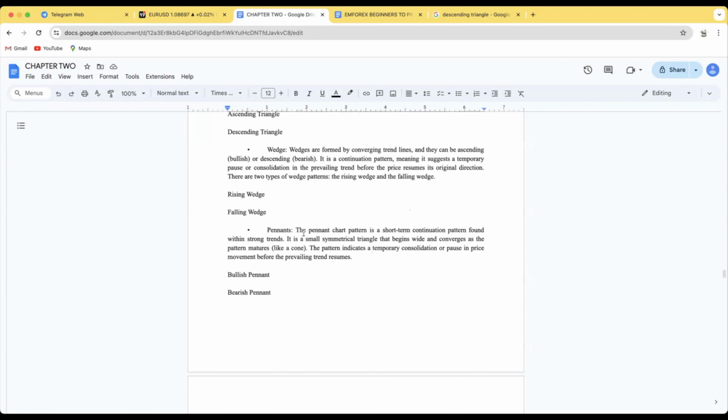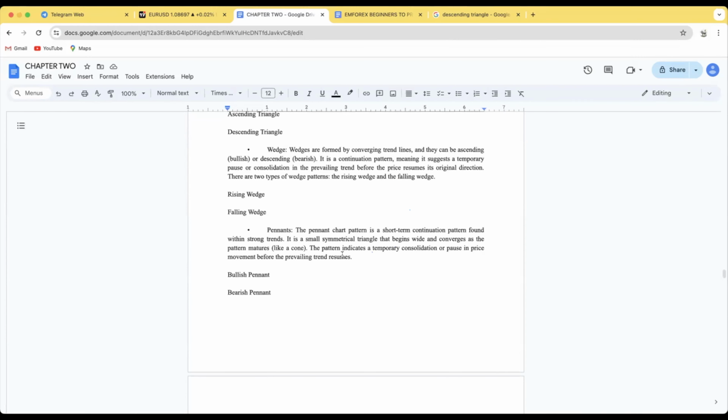So we have the pennant. The pennant chart pattern is a short-term continuation pattern found within a strong trend. It's a small symmetrical triangle that begins wide and then converges as the pattern matures, like a cone.